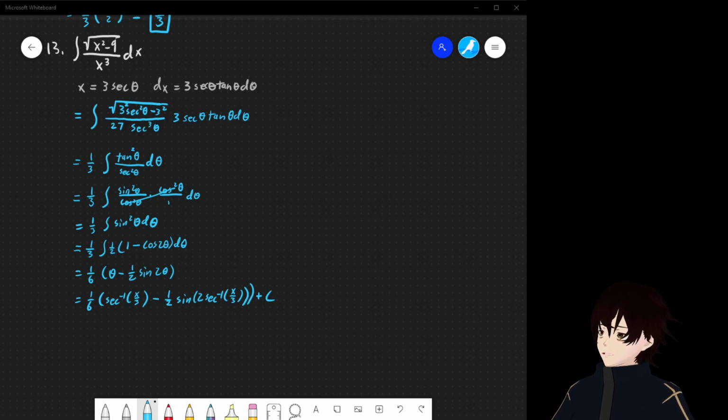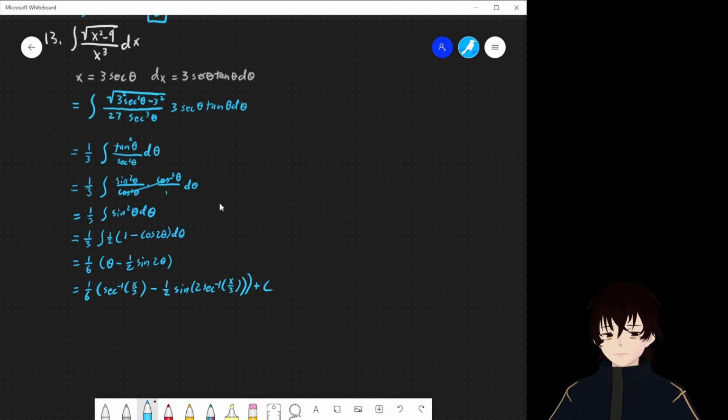That is odd. And it might mean I did something wrong again. One third arcsecant x over 3 is correct. But how does this thing turn to the square root of x squared minus 9 over 2x squared?